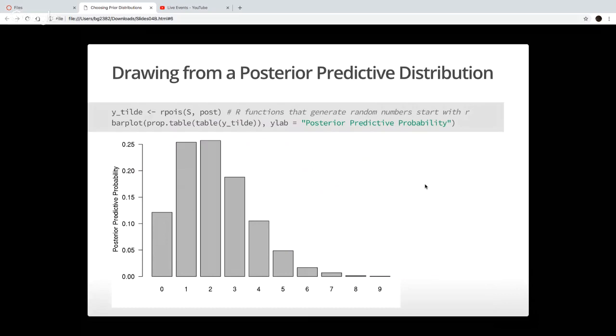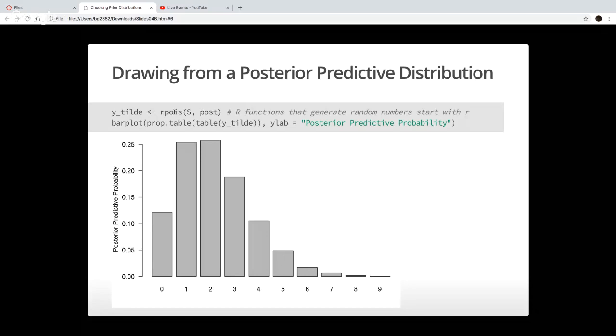So remember, post is 10,000 draws from the posterior distribution of mu I got from drawing from the prior, drawing realizations for what I predicted the data to be before I saw it, keeping the draw from the mu if it exactly matched the sum of the observed data points, etc. So I have 10,000 draws from the posterior distribution that I pass to the Poisson random number generator and get back 10,000 predictions for what the number of people living in a future apartment or residence would be.